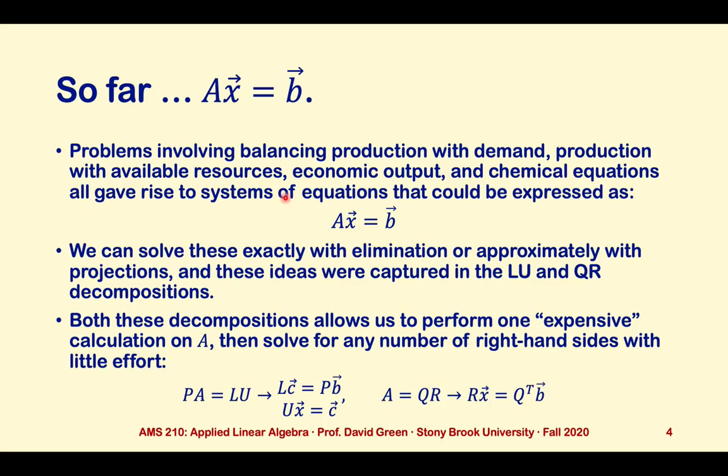And problems involving industrial production and demand balance, industrial production resource balance, the Leontief economic equilibrium models, chemical equation balancing, all of these give rise to systems of equations that can be expressed in this form. Sometimes with a little bit of manipulation required, for example, in the Leontief equilibrium problem, but ultimately giving us this general form.